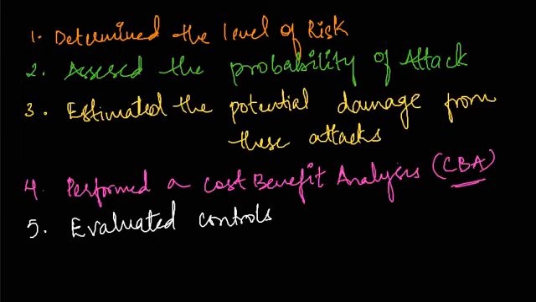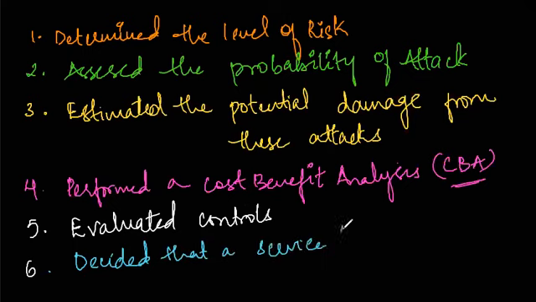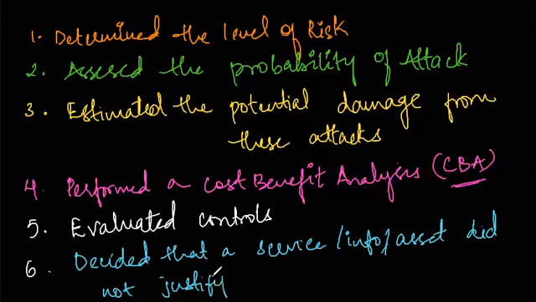And one more, the sixth one, is you have decided that a specific service, function, or information, or you can say an asset, did not justify the cost of protection.